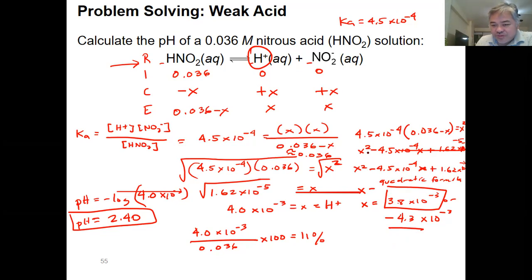Now look at that value compared to the one that we get when we did the approximation. So gaano siya kalaki yung difference if we get the pH of that.